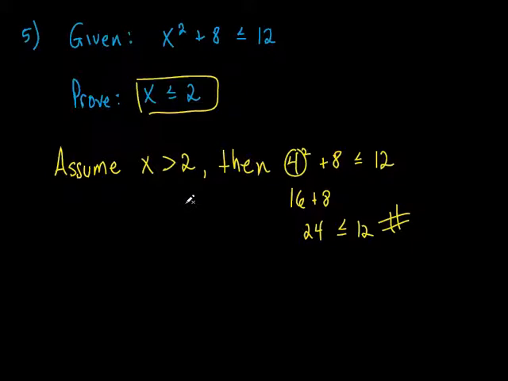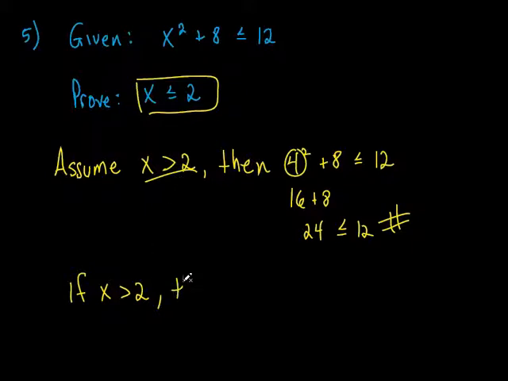I'll show you what they do, maybe. I like this better too. I don't know if this is officially the best way to do it, but they say this. They say assume, okay, of course that was right, that part was right. And they said if, I'll just write what they write, if x is greater than 2, because we assume that, correct?